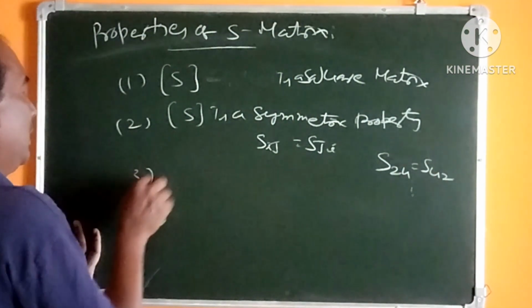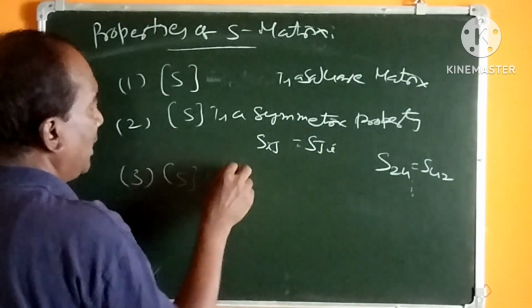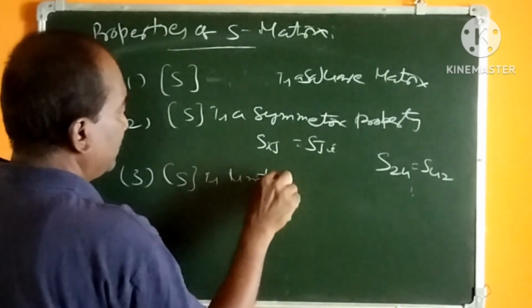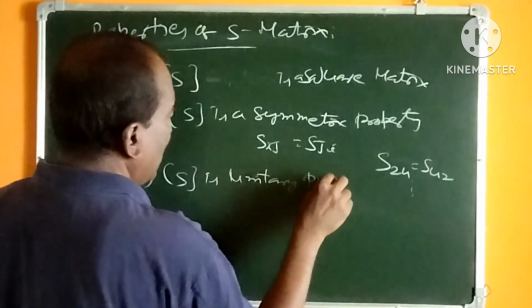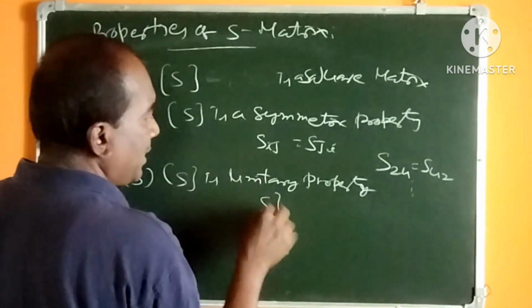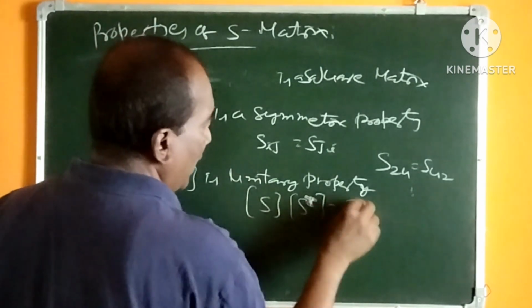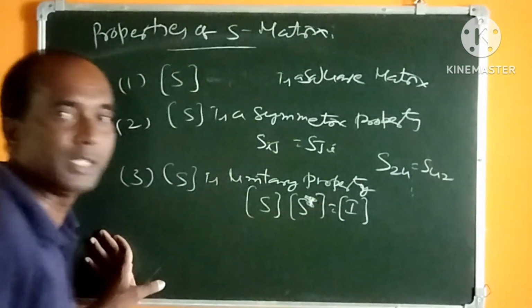Next, it has the unitary property. S follows the unitary property. That means S into S complex conjugate will be equal to I. I is the unitary matrix.